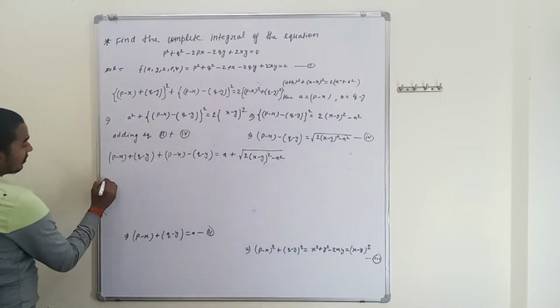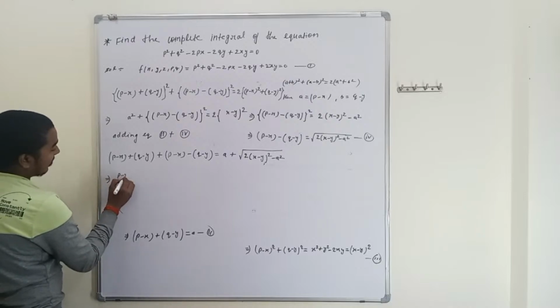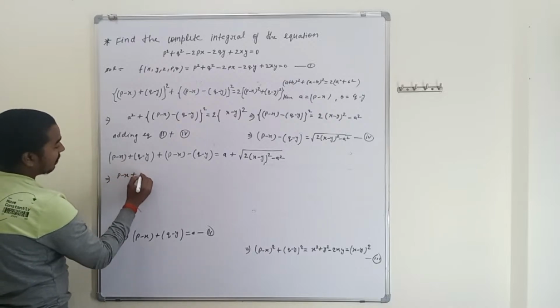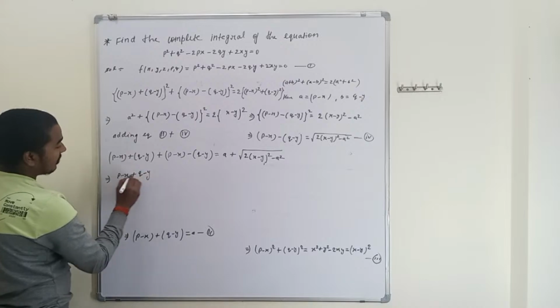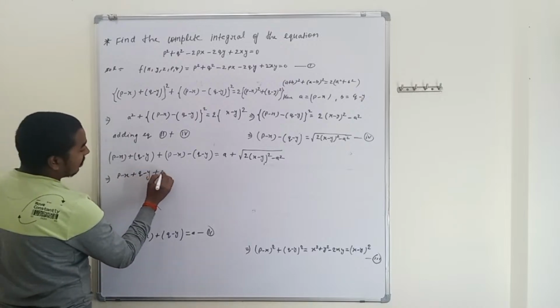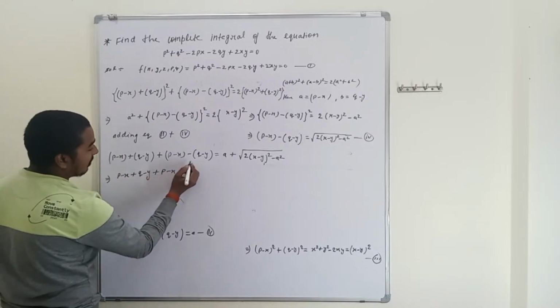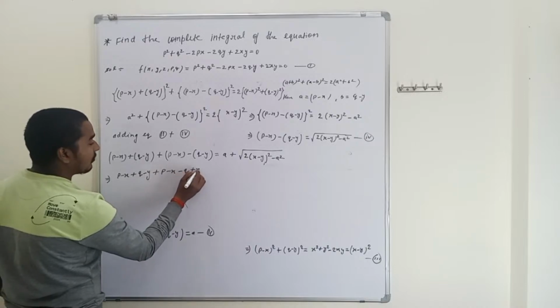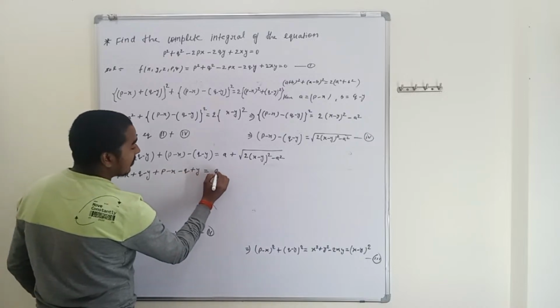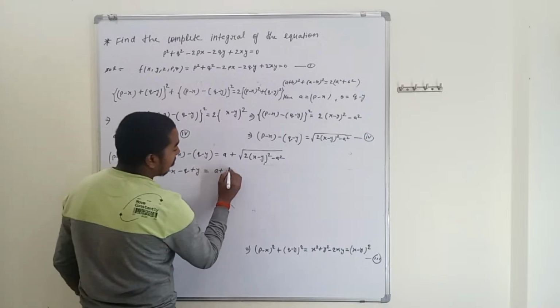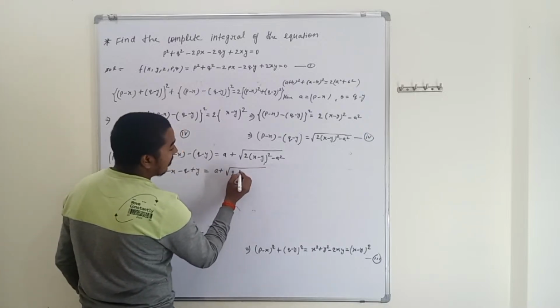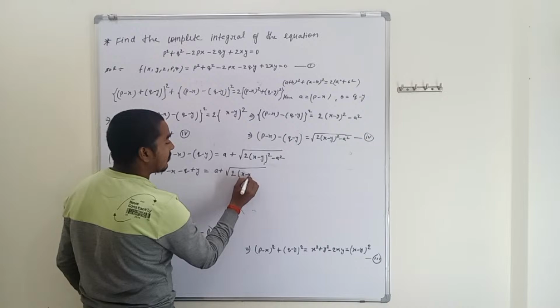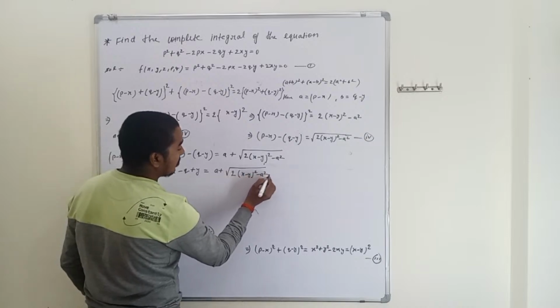From here, that is p minus x and plus of q minus y and plus of p minus x and minus of q and plus of y is equal to a plus under root of 2 of x minus y whole square minus of a square.